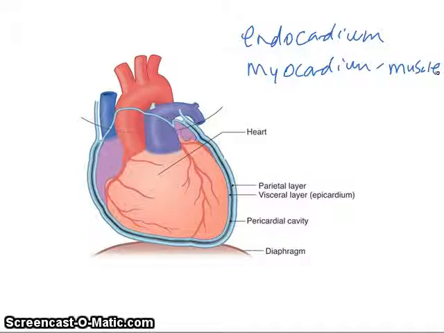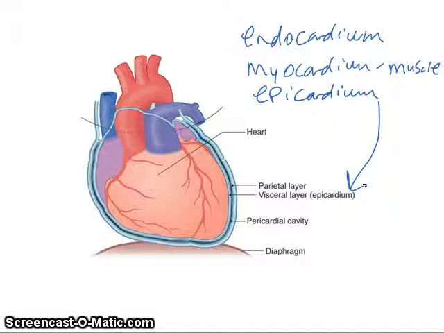Then you have the epicardium. And then remember, the epicardium and the visceral layer of the pericardium are the same. That again gets confusing.